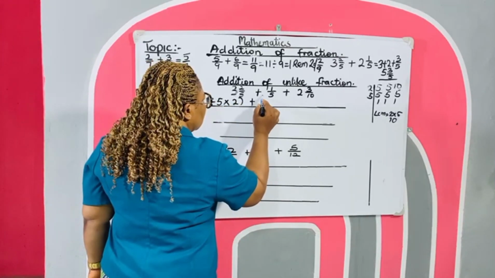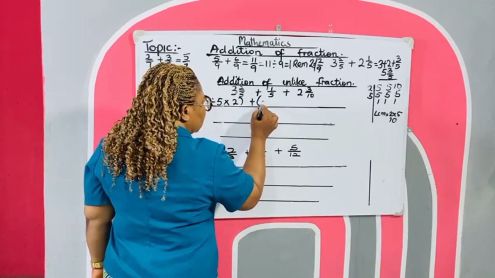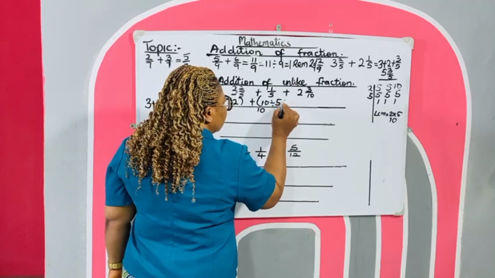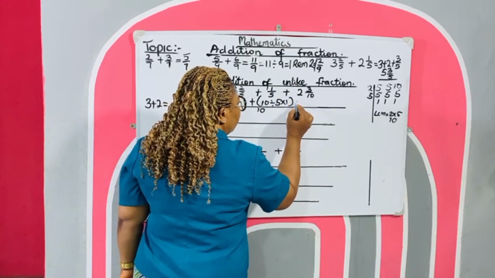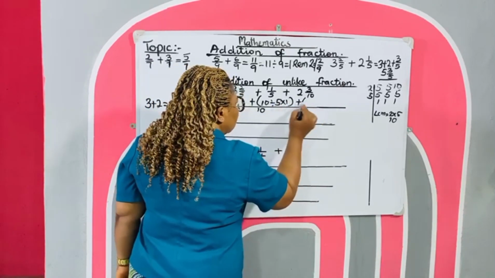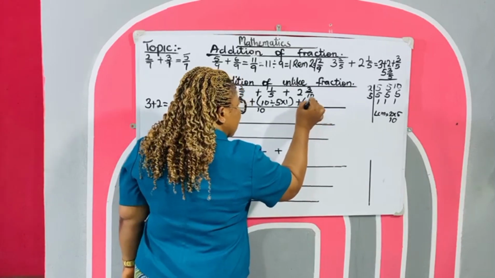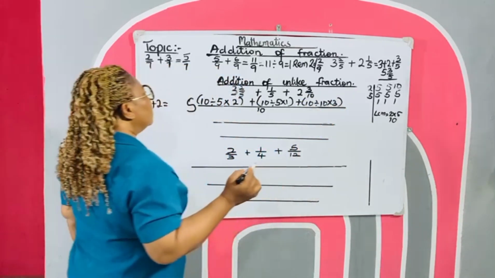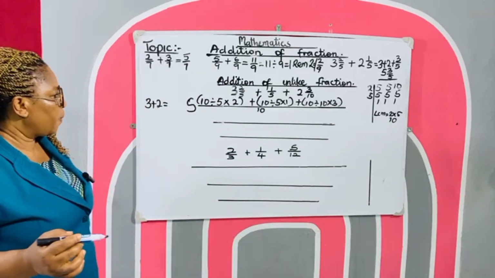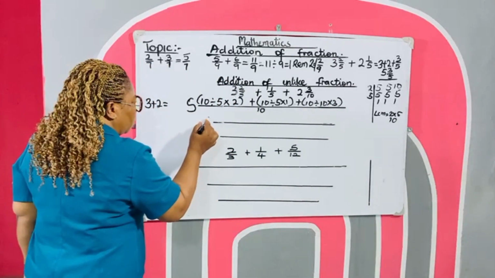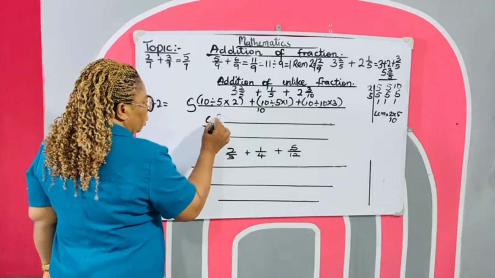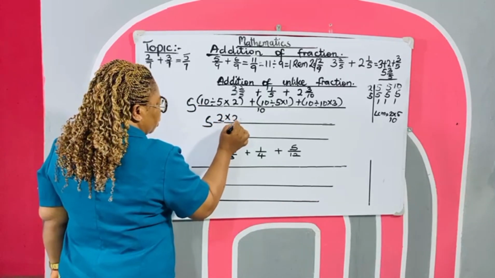Plus this LCM divide by 5 times 1, plus 10 divide by this 10 times 3. You see? Watch this. You bring down your whole number again. 10 divide 5 will give me 2 times 2.